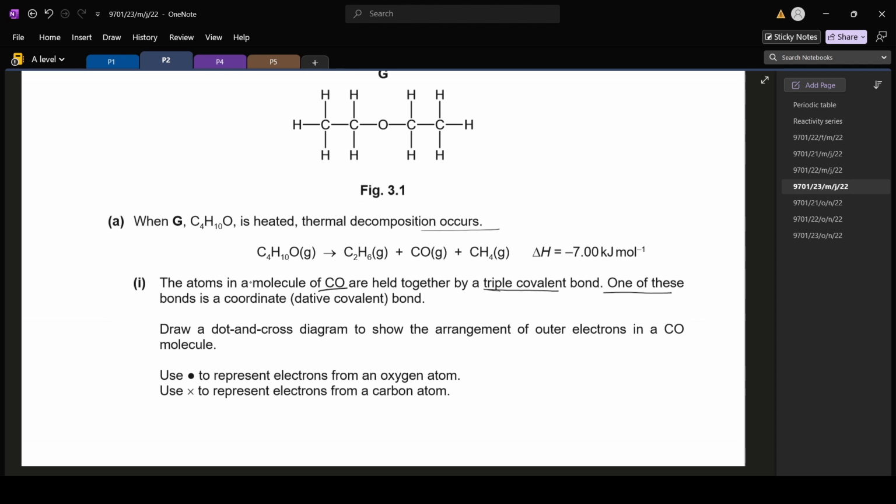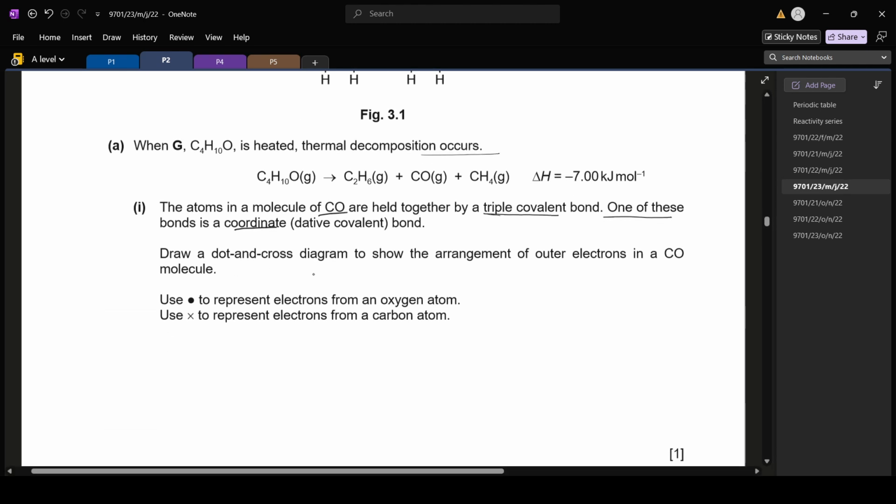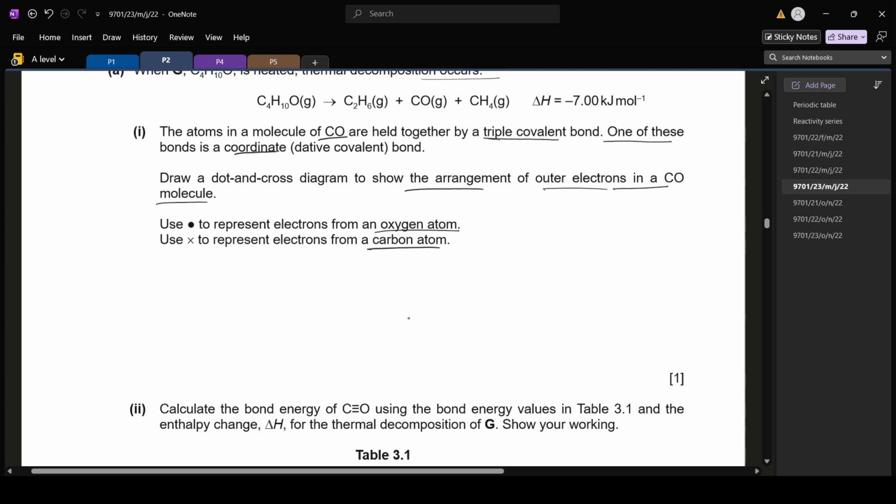One of these bonds is a coordinate covalent bond. Draw a dot and cross diagram to show the arrangement of electrons in a carbon monoxide molecule. Use dot for oxygen and cross for carbon. So the electronic configuration of carbon monoxide has a triple bond, and it has one dative bond.